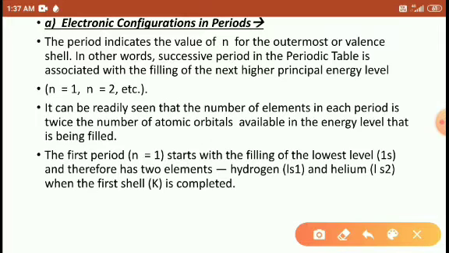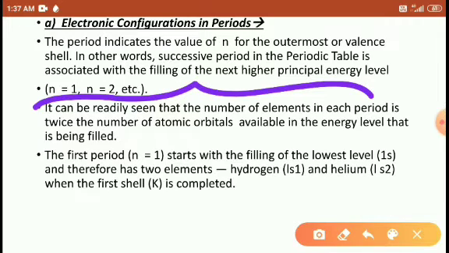The number of elements in each period is twice the number of atomic orbitals available in the energy level being filled. The first period, n equal to 1, starts with the filling of the lowest level 1s, and therefore has two elements, hydrogen and helium, when the first shell is completed.